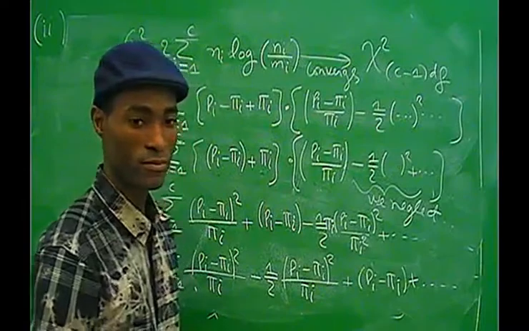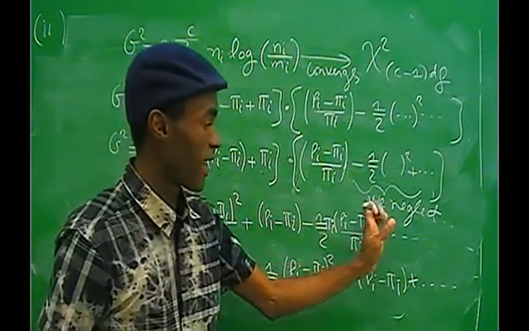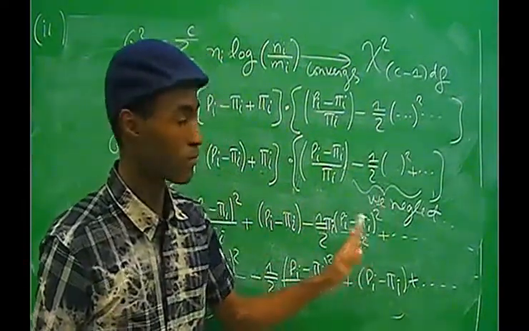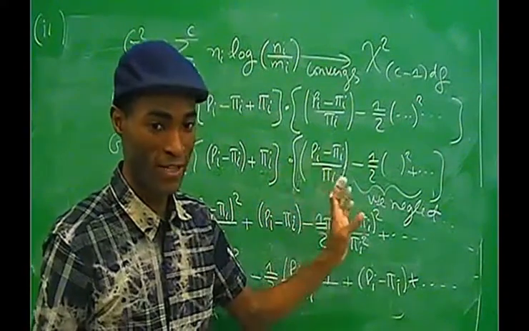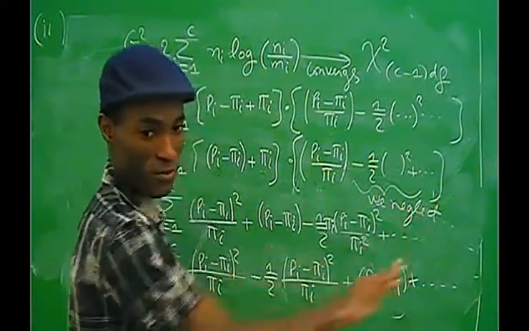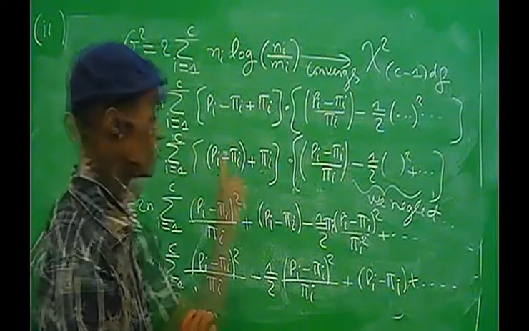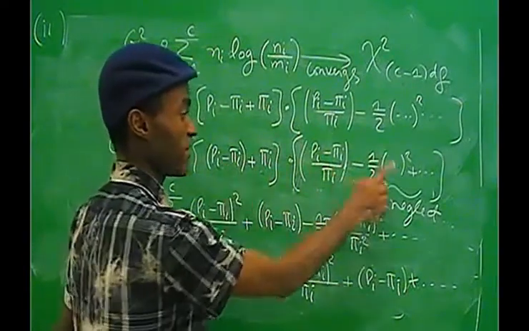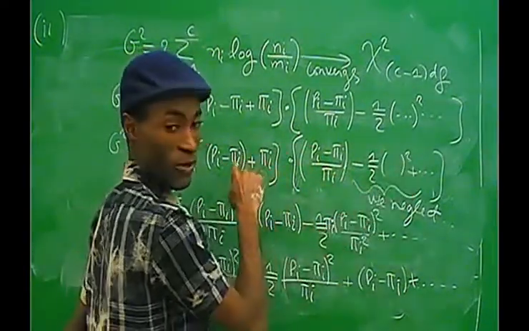I'm trying to keep the maximum power as 2. So when I pass 2, like when I get 3, I'm going to neglect those terms. If I do this time this, I get power 3, so I don't take it into account.